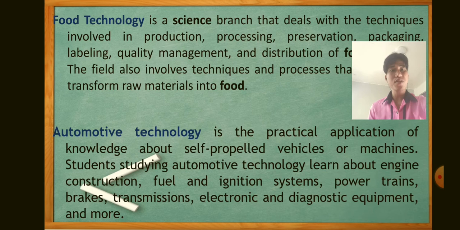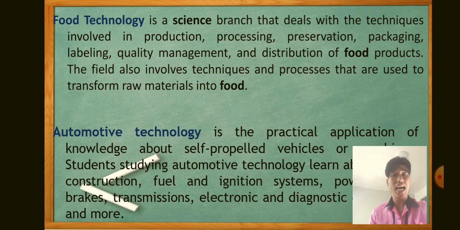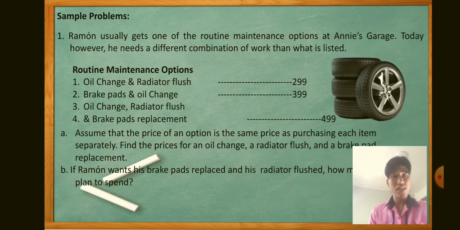So again, food technology is about food. Automotive technology is about engine construction, fuel and ignition systems, and many more. So we should apply linear system in food technology and automotive technology.